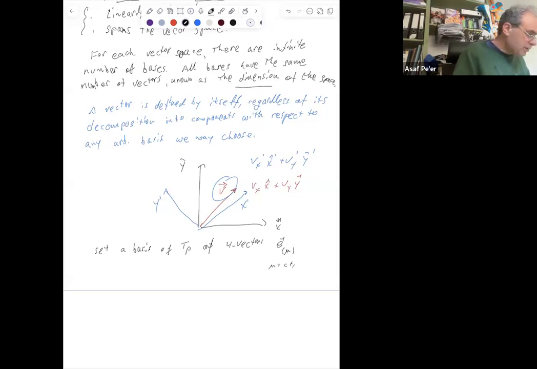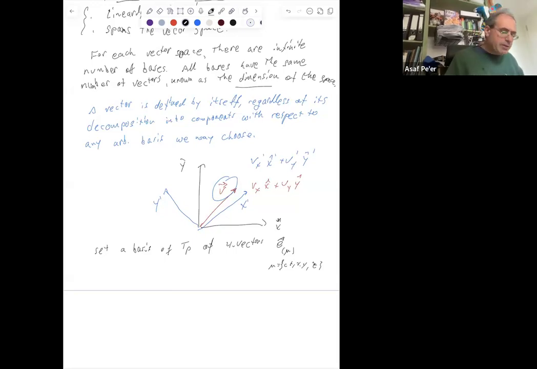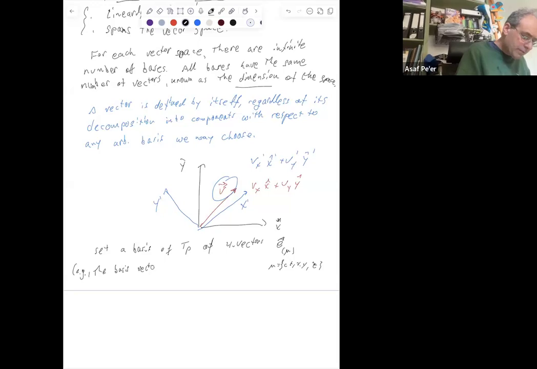Mu is CT, X, Y, Z, or 0, 1, 2, 3. Right now, for simplicity, we just take these basis vectors to be aligned with the coordinates. E.g., the basis vectors are assumed to be aligned with the coordinates.